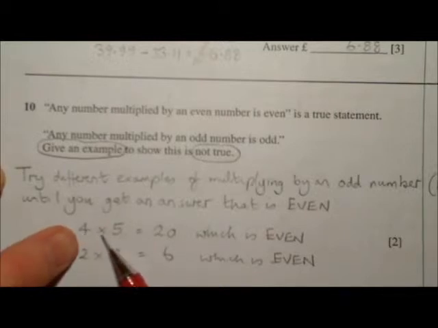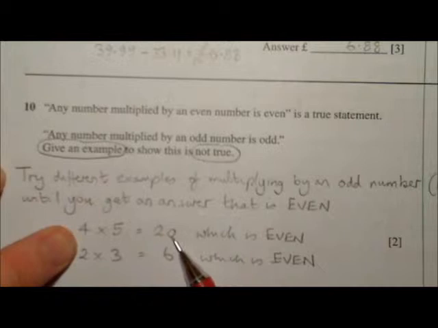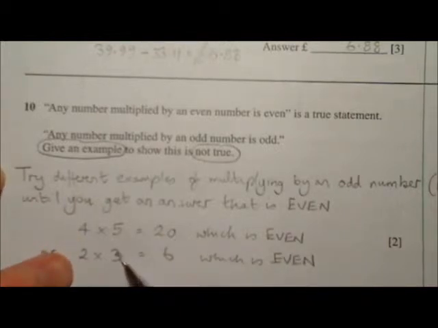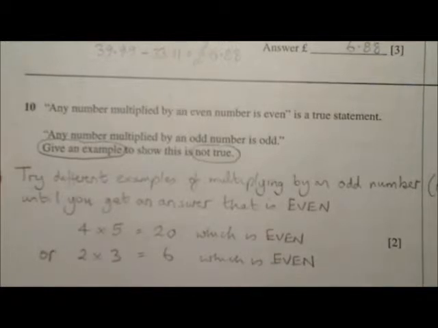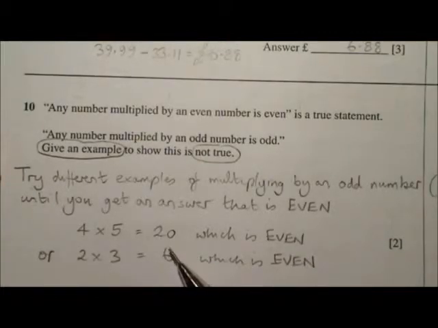So there's 4 multiplied by 5, which is an odd number, gives us 20, which is an even answer. 2 multiplied by 3, which is another odd number, also gives us an even number, 6. So there's a couple of examples to prove that that statement is not true, that in fact you get an even answer, not an odd answer.